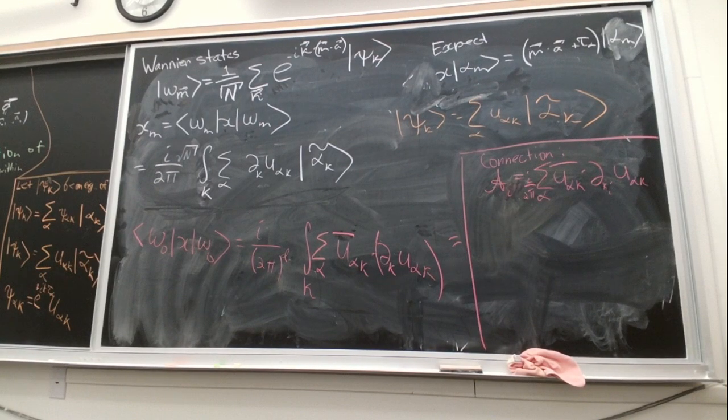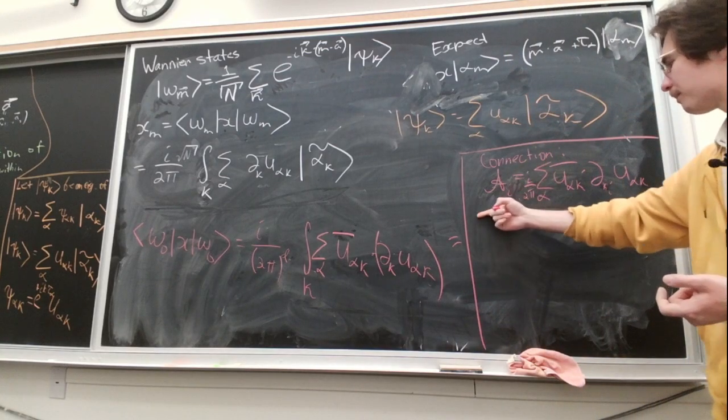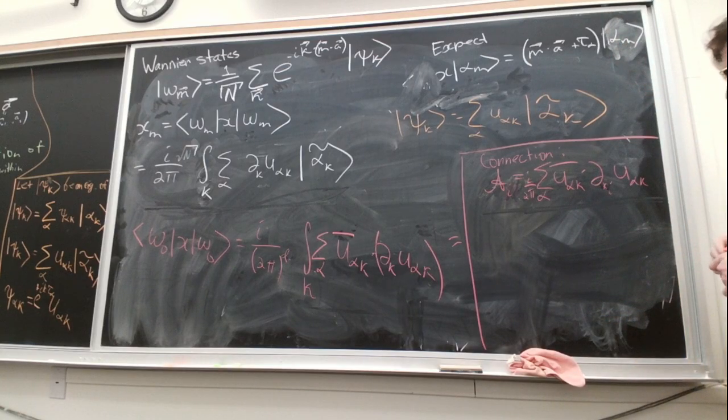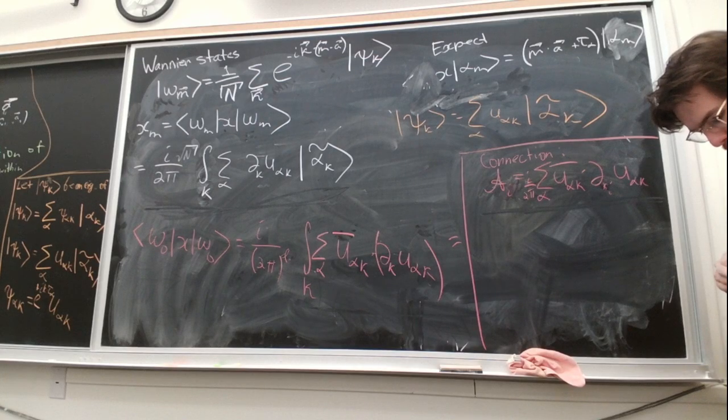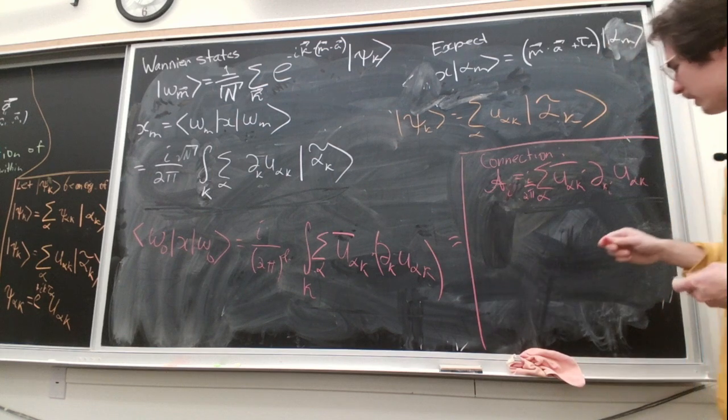And so what's the relation to the actual connections, the parallel transport connections that we talked about, the connection forms? So what's the geometric idea behind this?